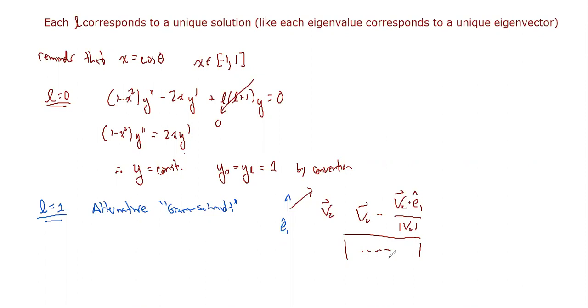Geometrically, this should make sense, though the equation itself looks really gross. What I'll end up with is the piece of this that doesn't lie along E1. In 2D, it's really easy to draw. So the Gram-Schmidt procedure is: subtract off the part you already have, essentially.